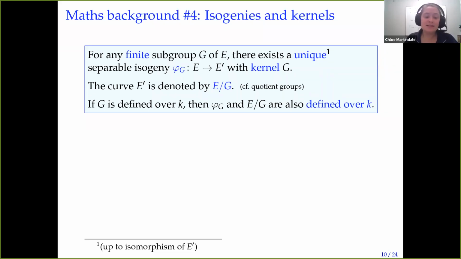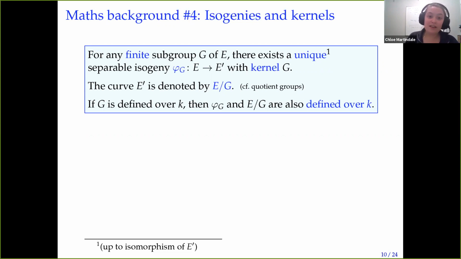As a laziness or abuse of notation, we often just write E/G for E' instead of writing it all out, because the isogeny is just determined by the kernel. So why write it in another way?